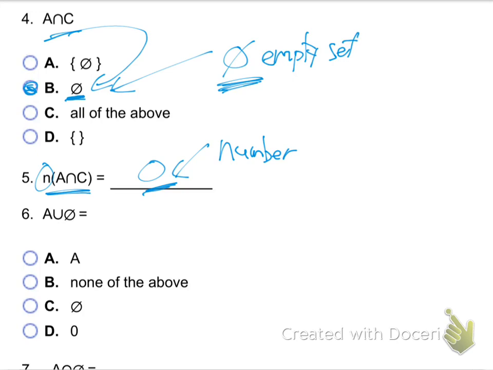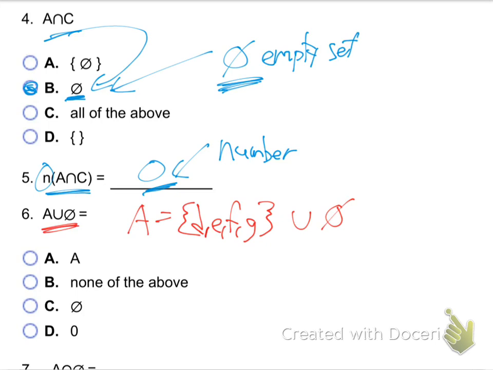Now how about question number 6? A, what is A again? D, E, F, G, is that what it was? Yeah, D, E, F, G. And then united with the empty set. That's what they're saying here. Set A, which we had above, united with the empty set.